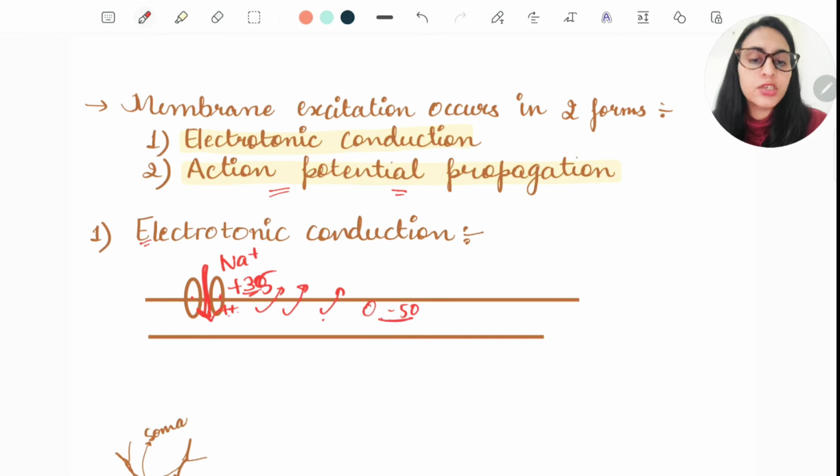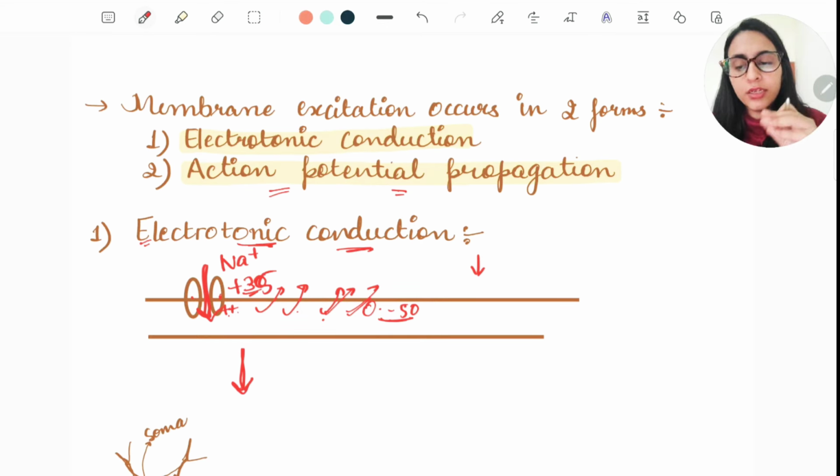When it goes to such a low level, the positive charges are leaking out because of the membrane capacitance, and we have a positive charge which is going down, and such a transmission is known as decremental because it is decreasing. The positive charge is decreasing in length as there is conduction. So because of this electrotonic conduction, the charges are leaking out and the transmission is decremental.